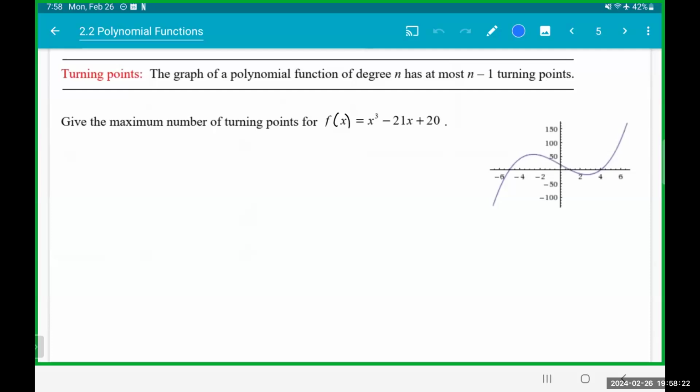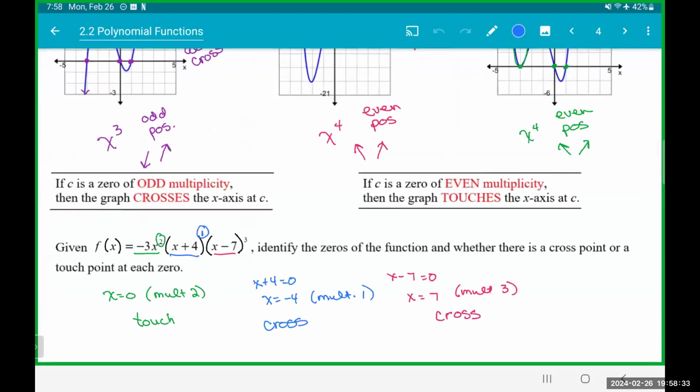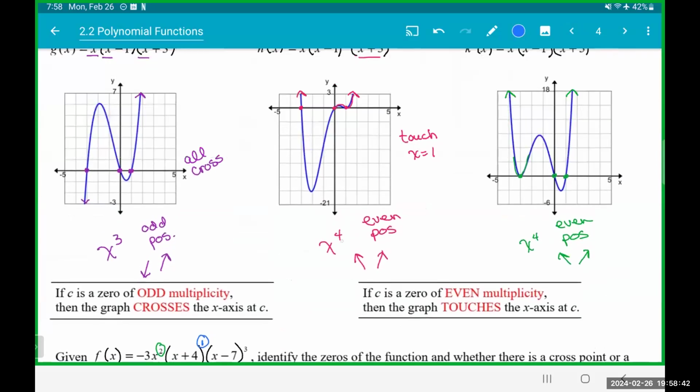This term here really is how many turning points does our graph have? And essentially, the degree of your polynomial. So if we look over here, this is the degree, right? It's a 4th degree polynomial, meaning that the largest exponent that we have, up to the leading term, is at most 4.